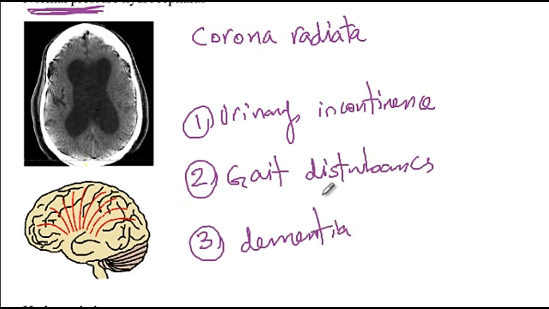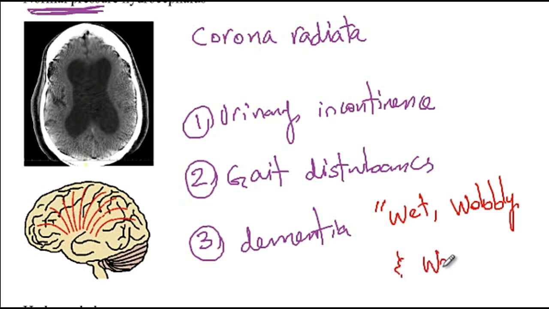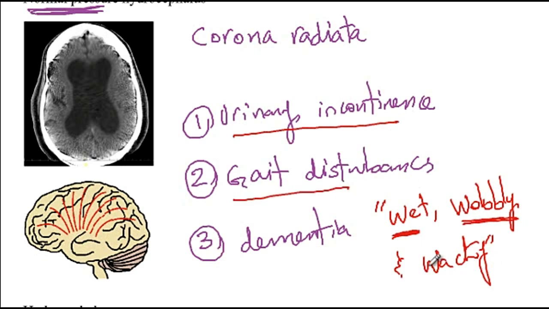And this is an important triad that you have to be familiar with: urinary incontinence, gait disturbances, as well as dementia. And so the memory aid that I have for you is called wet, wobbly, and wacky. So patients that have normal pressure hydrocephalus are wet due to the urinary incontinence, are wobbly due to their gait disturbances, and then finally are wacky due to their dementia.